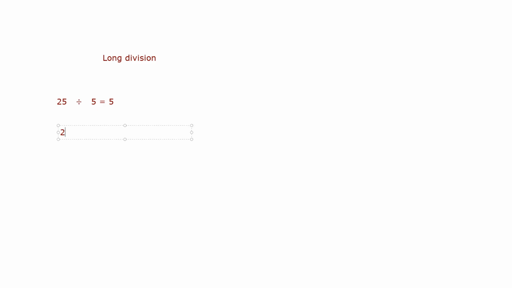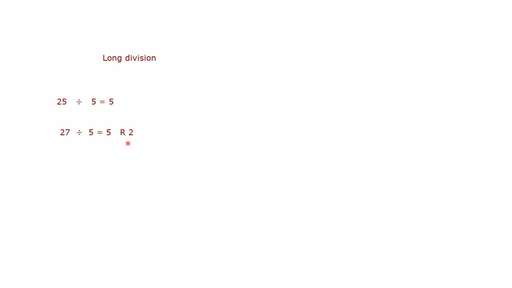But if we have 27 divided by 5, the quotient will be also 5. But here we are going to find that we have a remainder which is 2. So in the division, sometimes we get remainder 0, or we can get the remainder equal 2, 3, 4, or any other number.